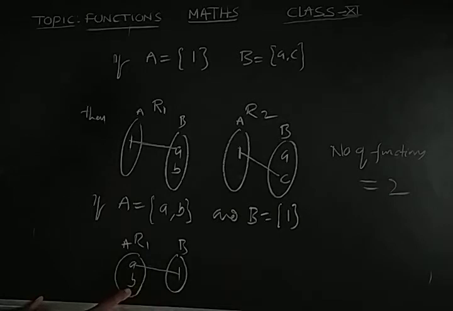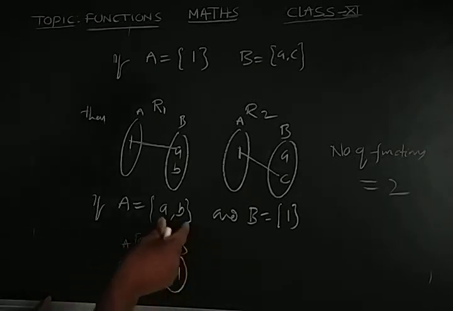No. Why? Because we are leaving this B element. B should also relate to some other element, but no other element exists. I will connect this B to 1. I am taking a relation between B and 1. Now it is also a relation. Is this a function? Yes. Every element has a unique image, A has one image, B has one image. So it is a function.